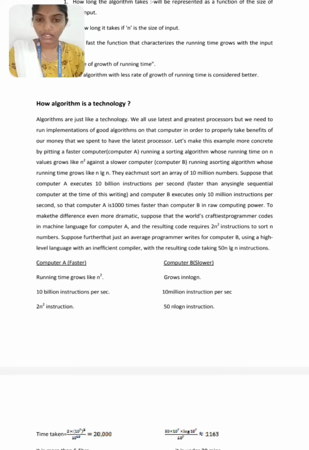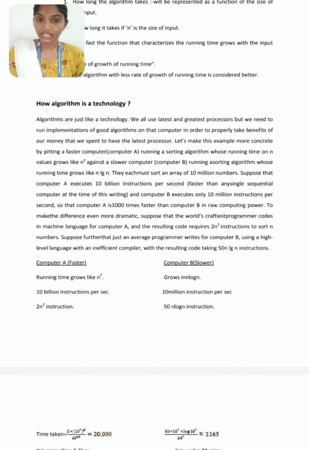Suppose computer A executes 10 billion instructions per second, and computer B executes only 10 million instructions per second, so computer A is 1000 times faster than computer B in raw computing power.